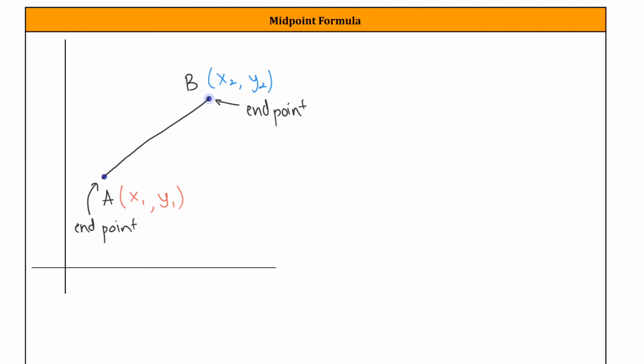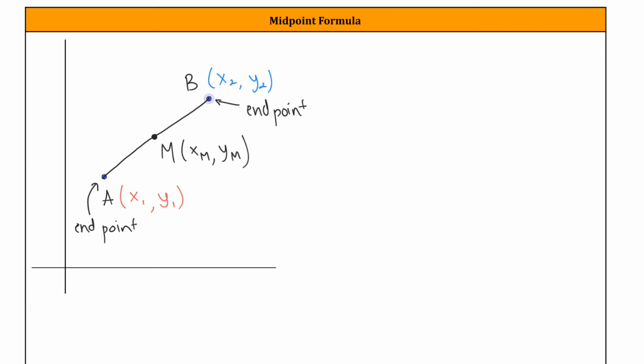Okay, so we have a segment with two endpoints. We also have the midpoint of this segment. We're going to call that M. And the coordinates for that midpoint are going to be xm, ym. Instead of x3, y3, I'm going to say xm, and m stands for midpoint.